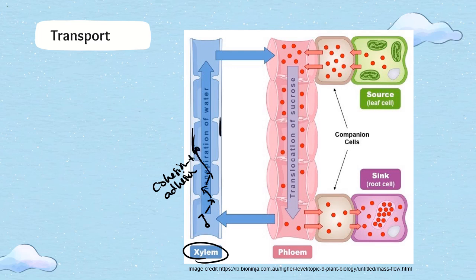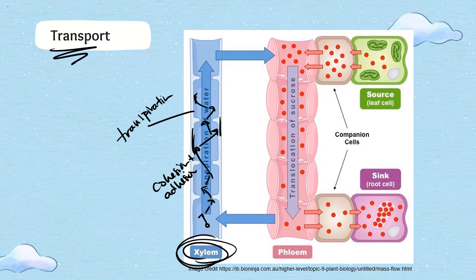Water molecules are attracted to the cell walls inside the xylem as well as to each other. And then capillary action, water moves up against the force of gravity through the plant. We call this transpiration. And transpiration, again, occurs in the xylem of plants. This is how plants transport water and minerals in the xylem.